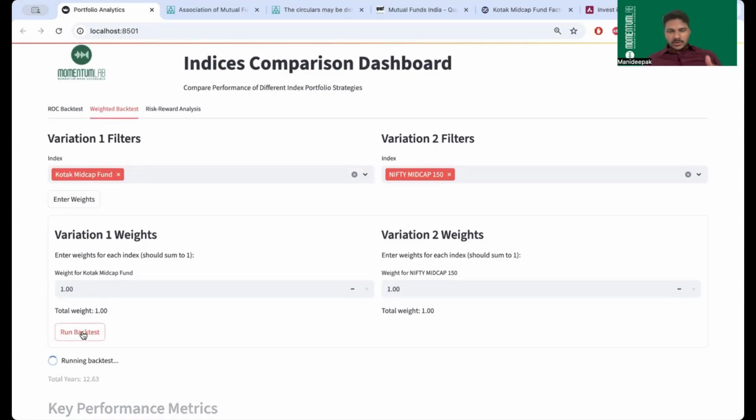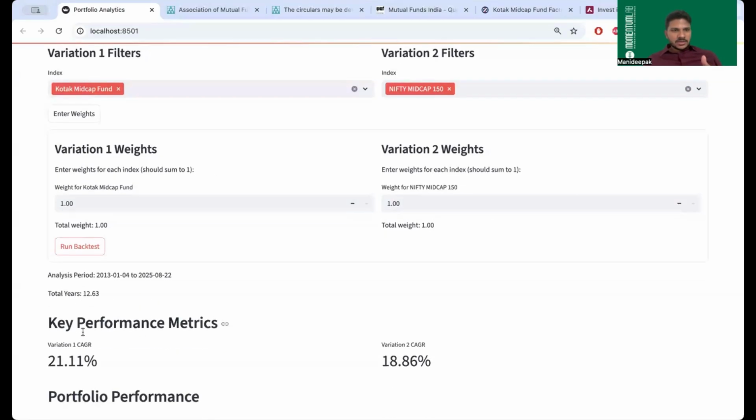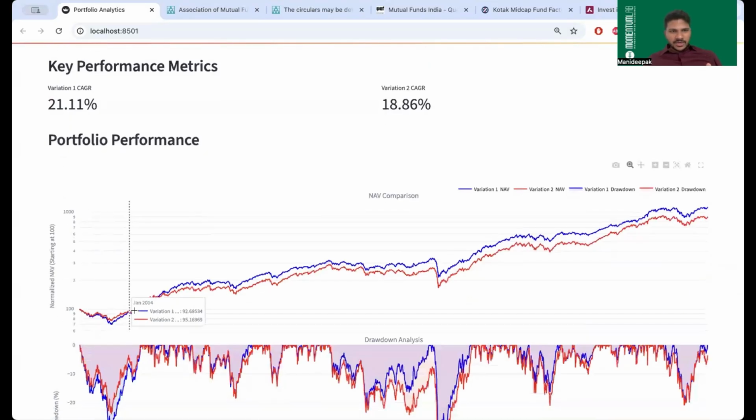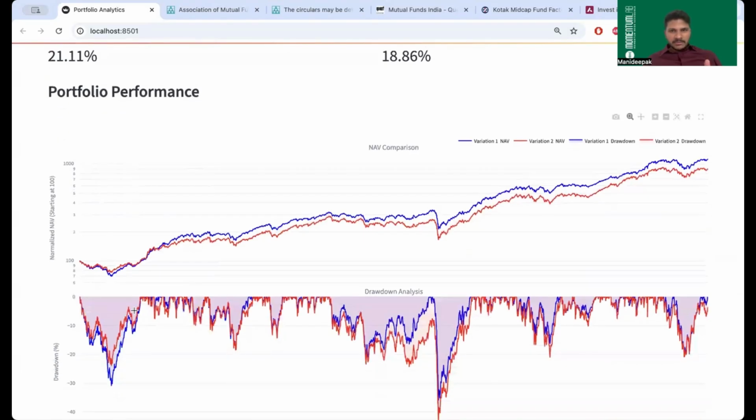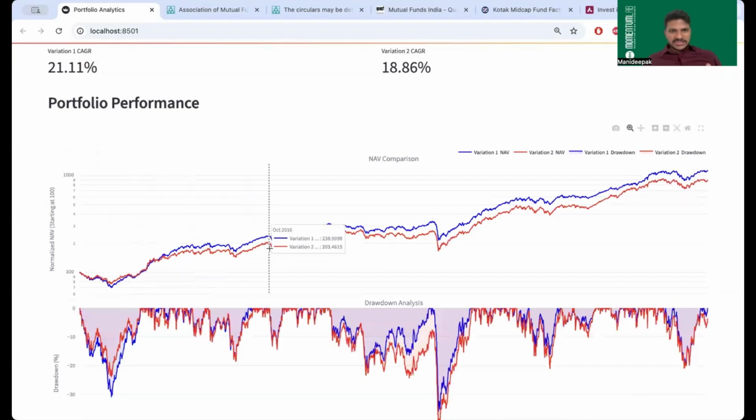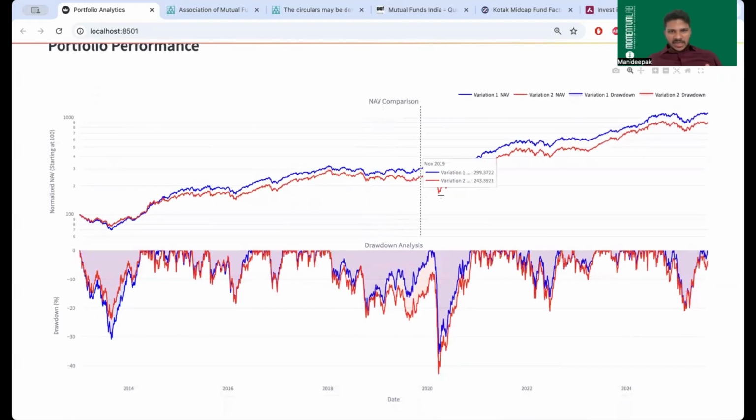So we can now see all the different set of metrics for Kotak Midcap Fund versus the Midcap 150 benchmark. The blue line here is the fund itself, and the red line indicates the Nifty Midcap 150 benchmark. As you can see, there were occasions where the fund is doing better than the benchmark, and occasions where the index or the benchmark is doing better.